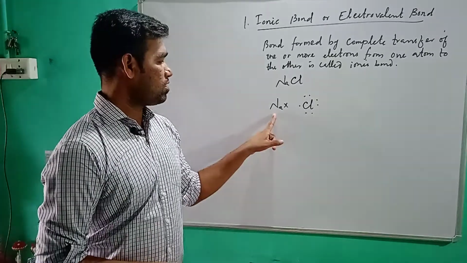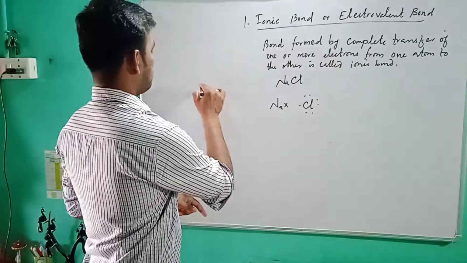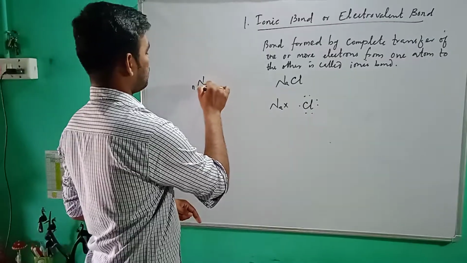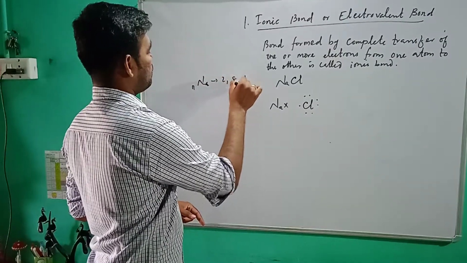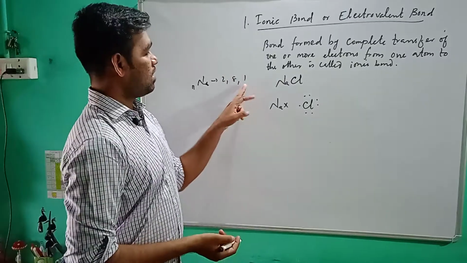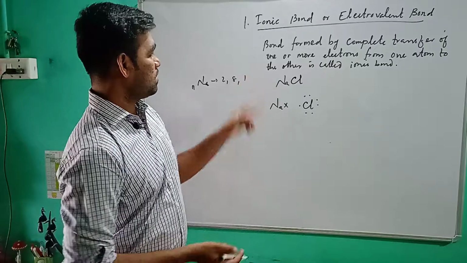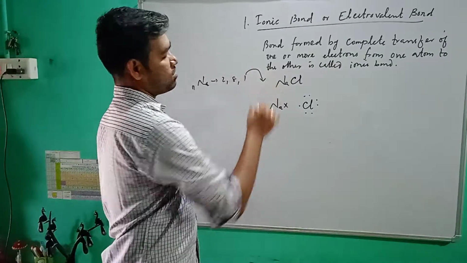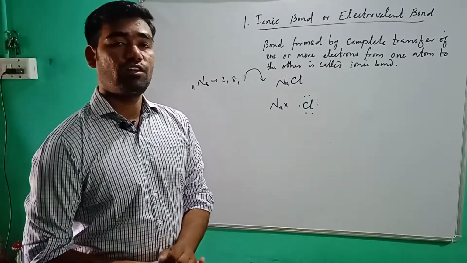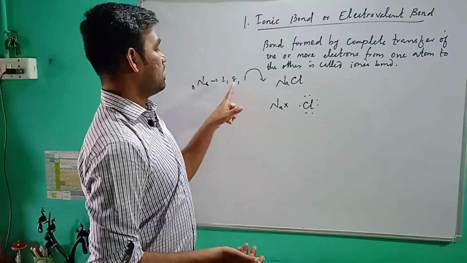So this sodium atom has a configuration of 2, 8, 1, that means its third shell has 1 electron. If it donates this 1 electron, then it will have octet configuration in the previous shell.